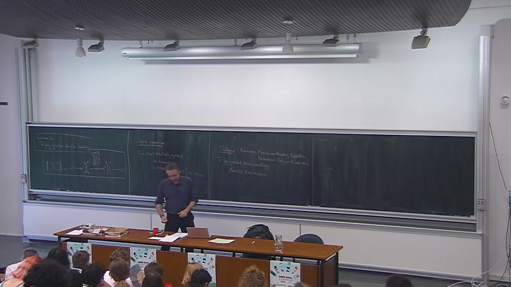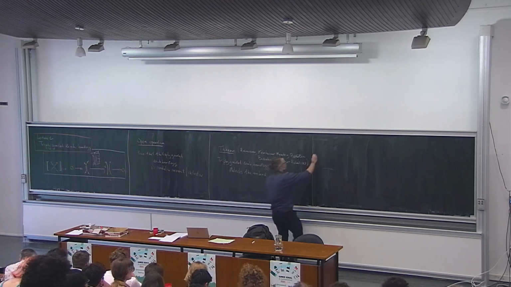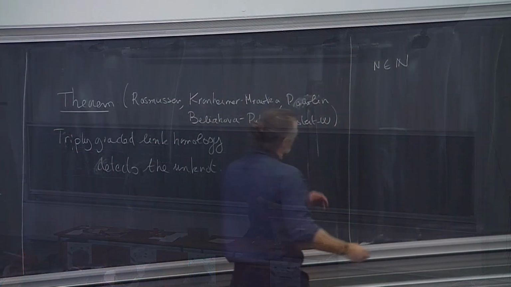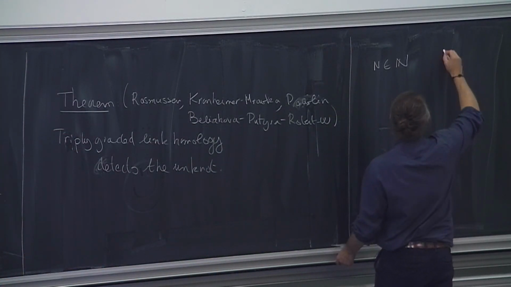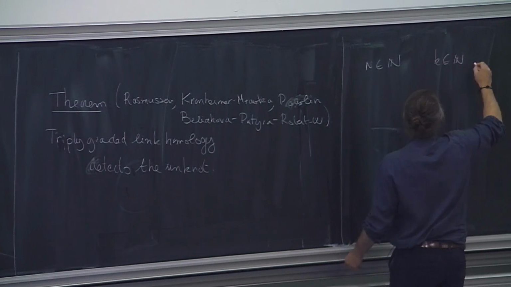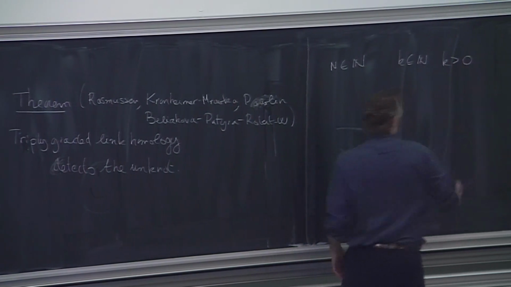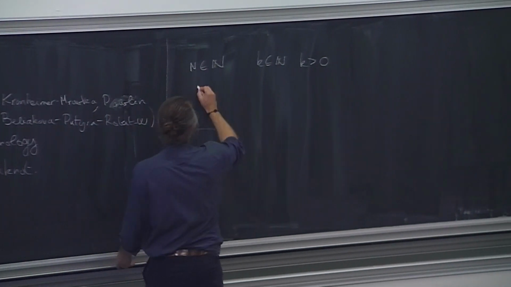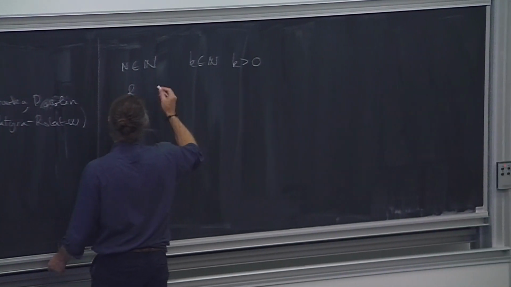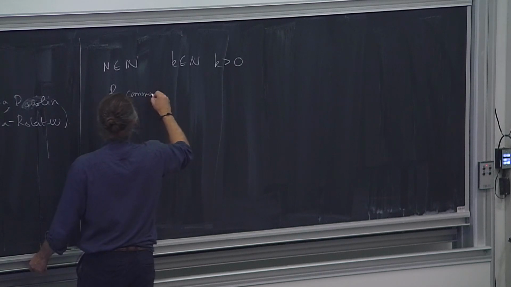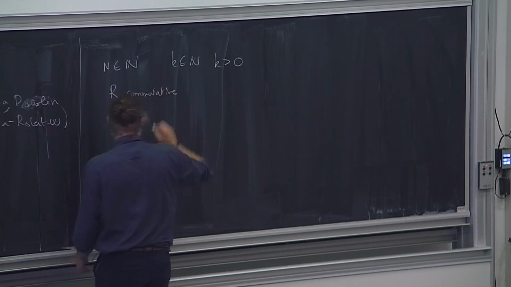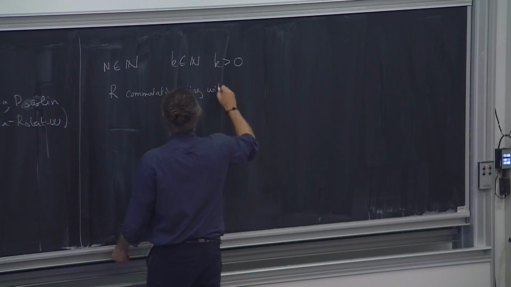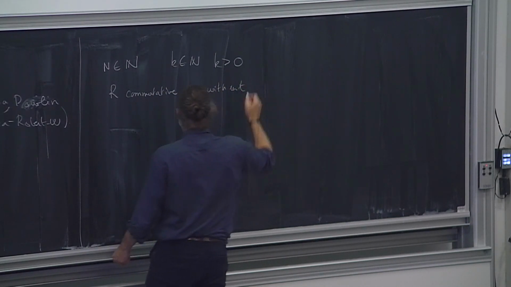Perfectly fine. So for all this lecture, n will be an integer, eventually 0. k will be an integer which is strictly bigger than 0. And R will be a commutative ring with units.